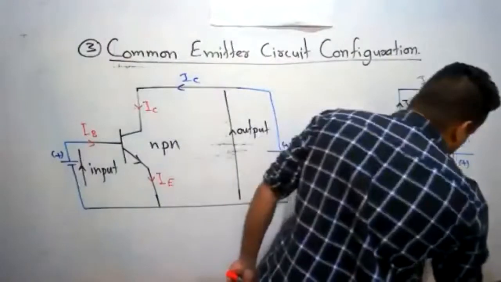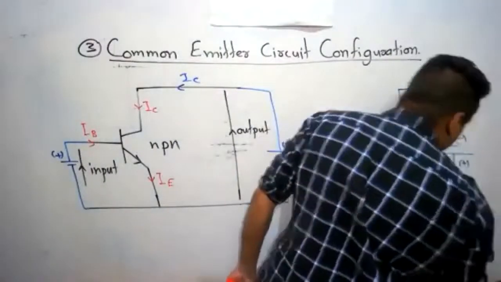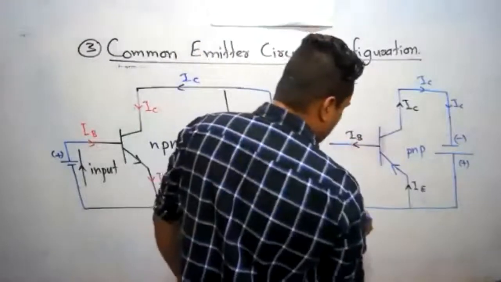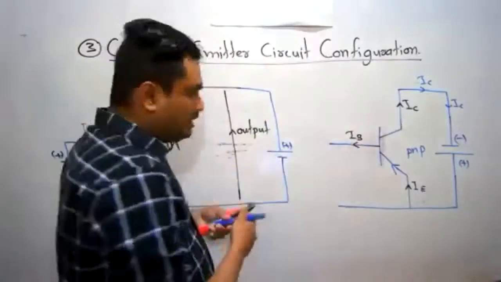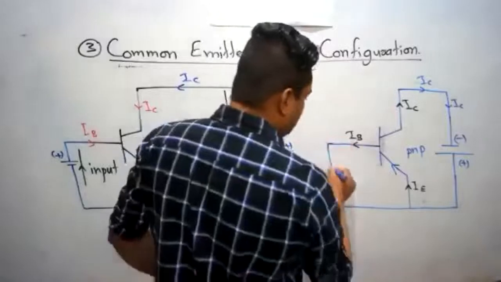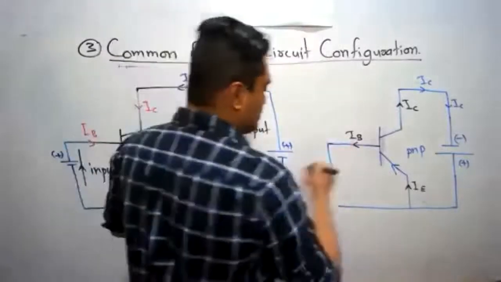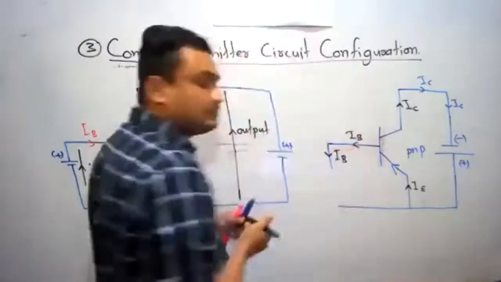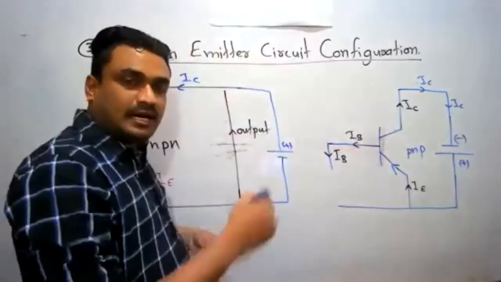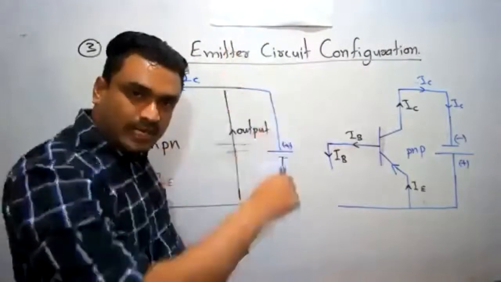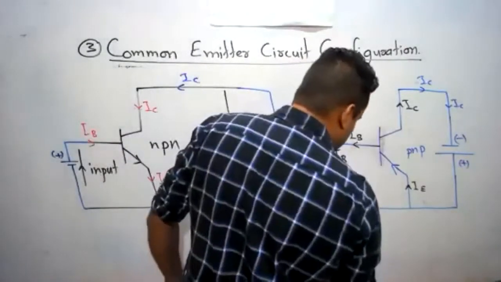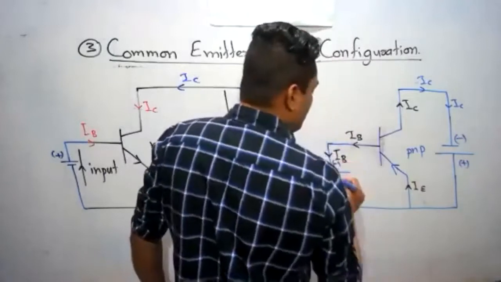And emitter is common for both input and output. Similarly, IB current flows like this. Again, current normally enters the negative terminal, so this should be negative terminal, and this positive.